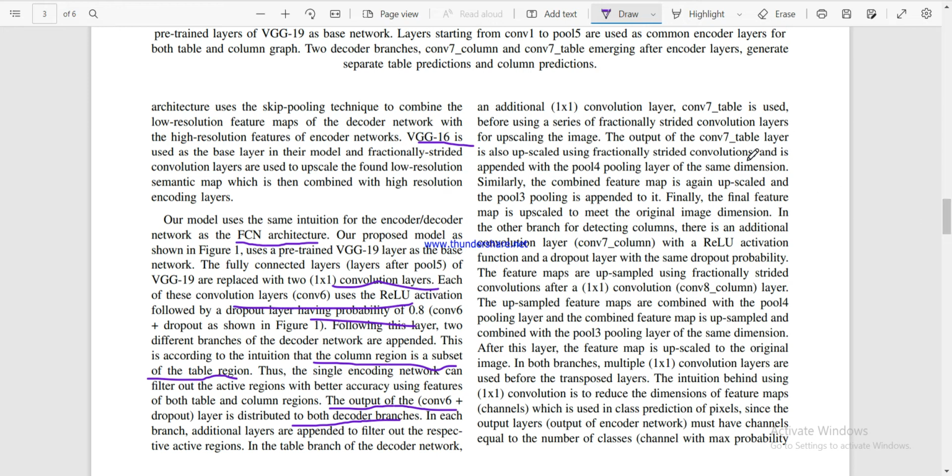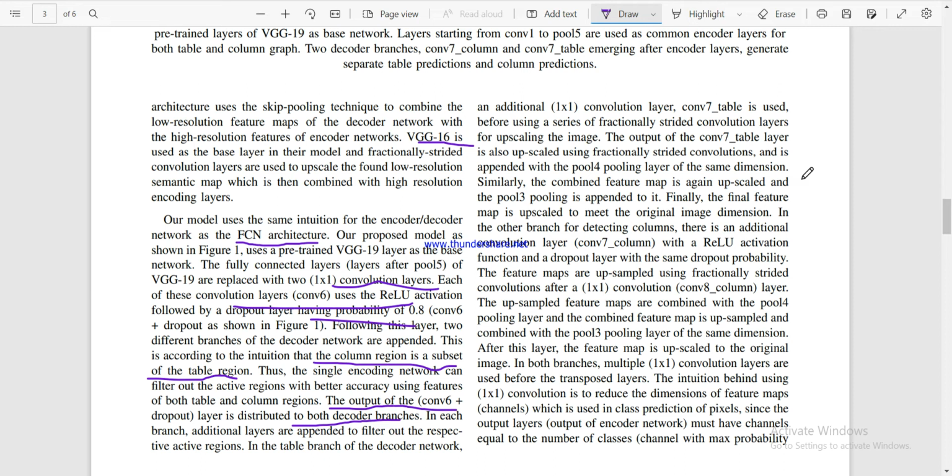Before using a series of fractionally strided convolution layers for upscaling the image, the output of the convolution 7 layer is also upscaled using fractionally strided convolution and is appended with the pool 4 pooling layer of the same dimension. Similarly, the combined feature map is again upscaled and the pool 3 pooling layer is appended to it. Finally, the final feature map is upscaled to meet the original image dimension.